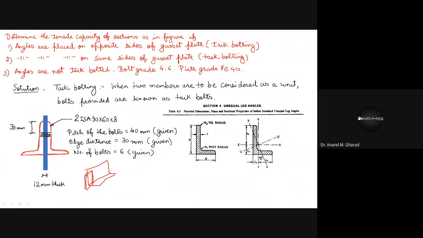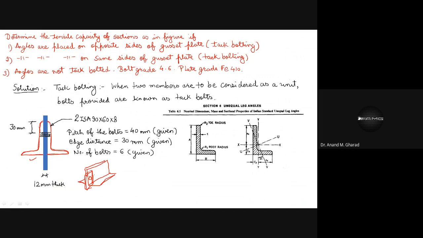It will start from here, something of this sort, and this will be the second outstand. So are you able to understand what I have drawn over here? This is one angle section, and this is the second angle section on that side. And these are connected with the help of bolts over here.